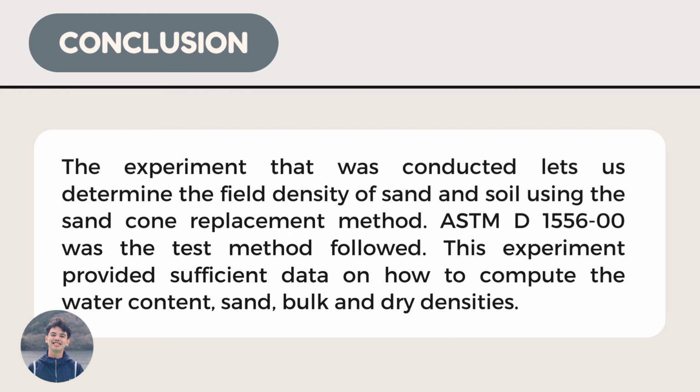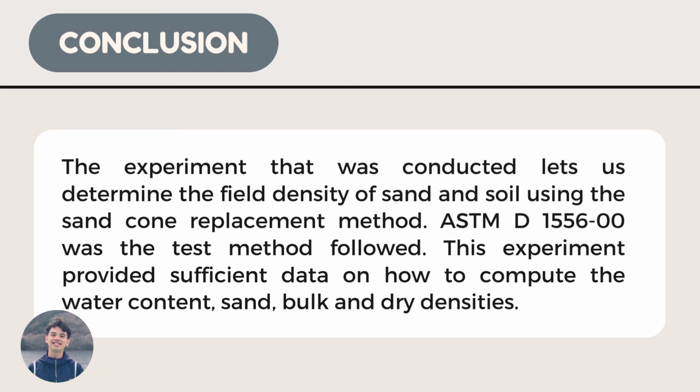Based on the data and results, the sand density, which is 1,386.6 kg per cubic meter, is closer to the desirable sand density ranging between 1,442 to 2,100 kg per cubic meter. The bulk density was also calculated and has a value of 1,400.332 kg per cubic meter.